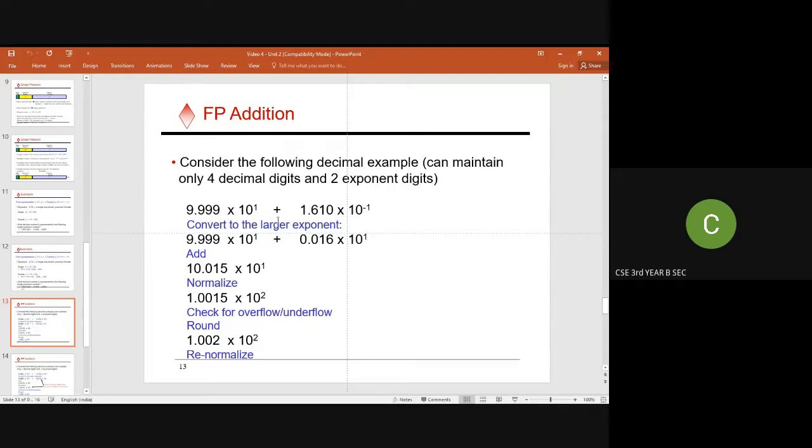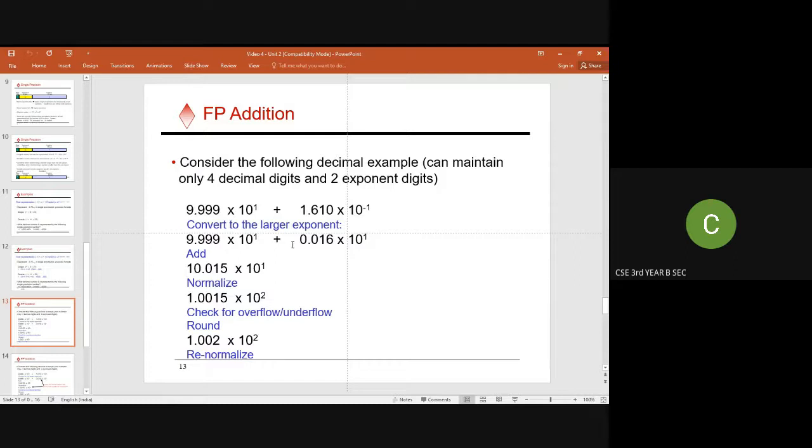To add, we have to convert both to the larger exponent so that both exponent values become the same. Here it is 10 to the power of 1 and here 10 to the power of minus 1, so we convert the 10 to the power of minus 1 to 10 to the power of 1 by shifting the decimal point.